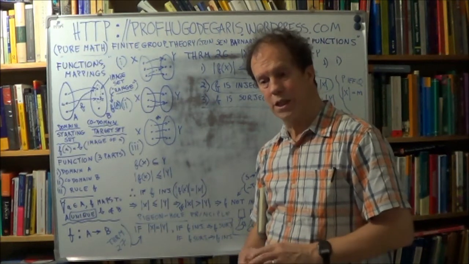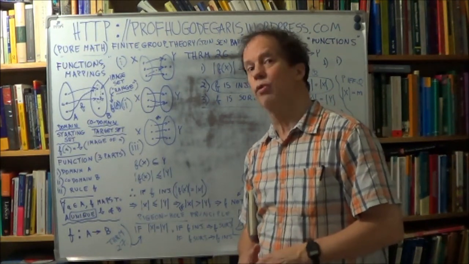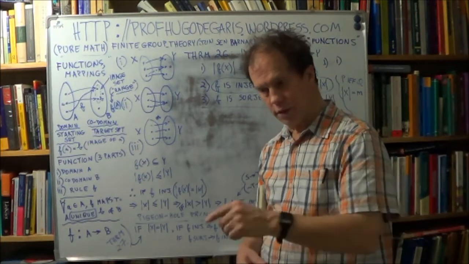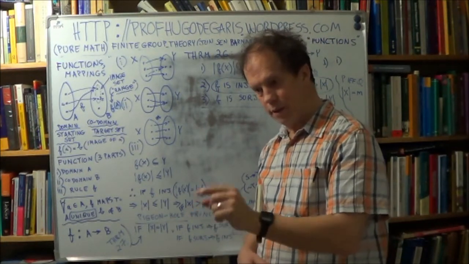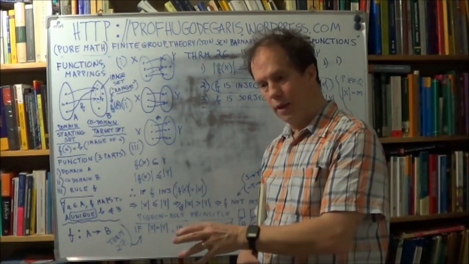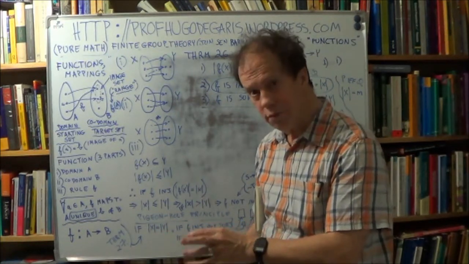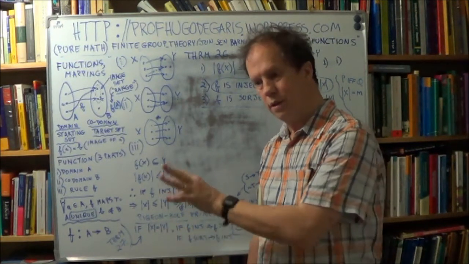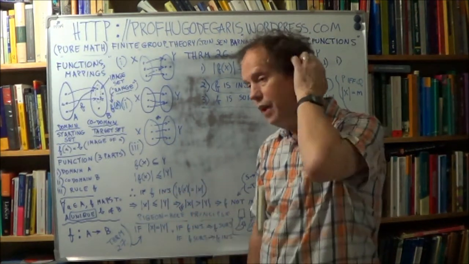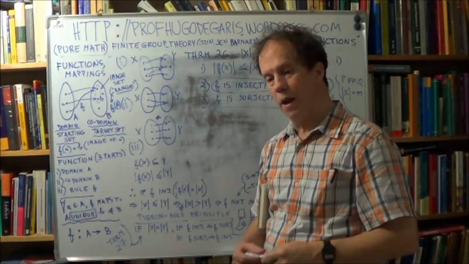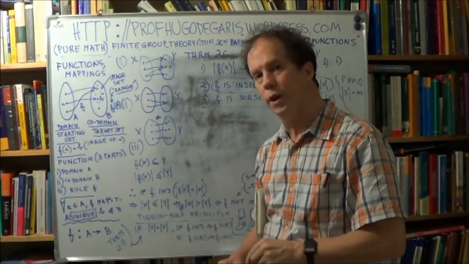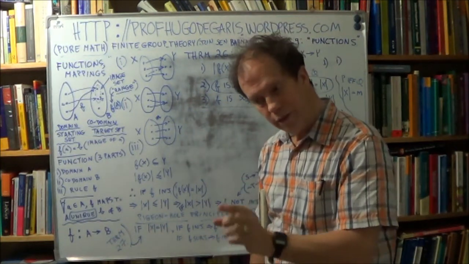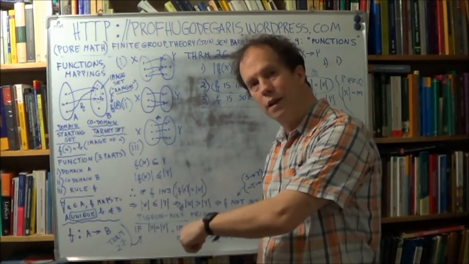So more specifically, you can imagine having 3 sets like A, B, C, and having 2 functions: f maps from A to B, and then a second function, let's call it g, and g maps from B to C. Then you can imagine a so-called composite function, call it h, and h maps directly from A to C.